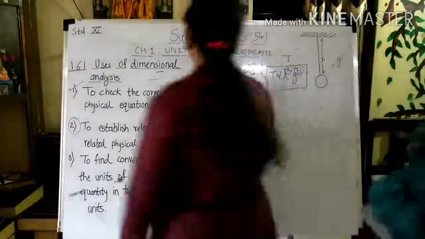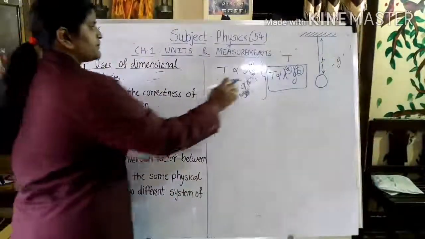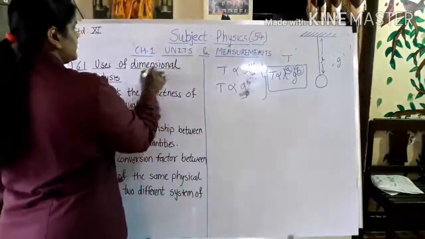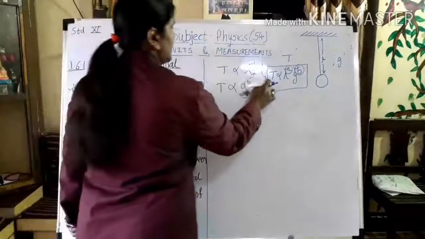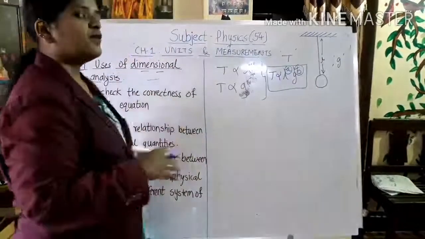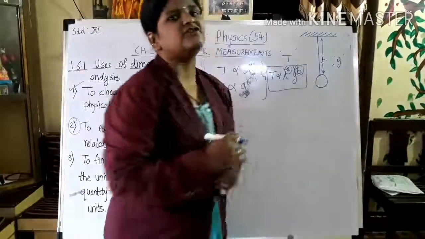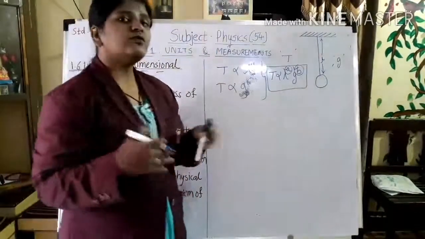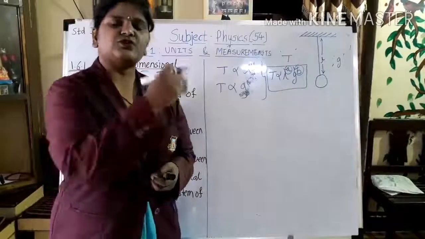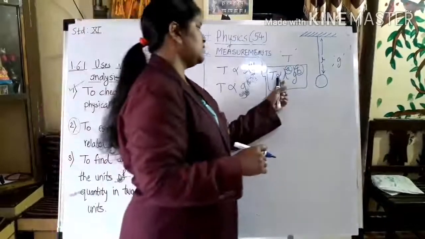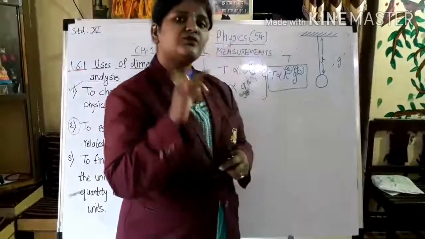So how do we find the values of a and b? We have to know the dimensions for all three physical quantities, which are T, L and g. Before substituting dimensions, we have to write this equation in terms of equality.